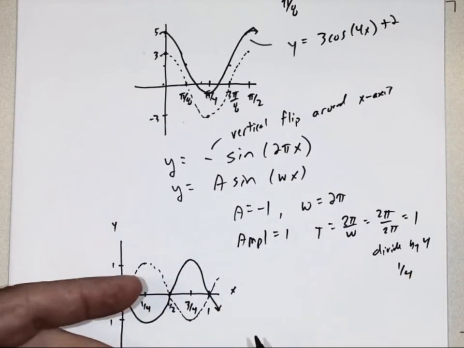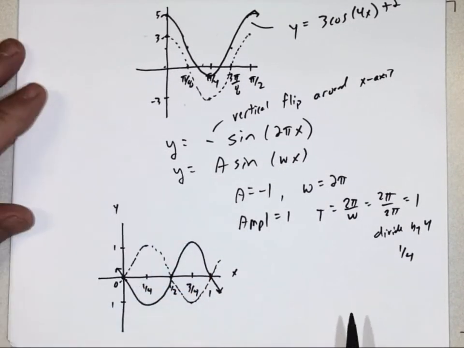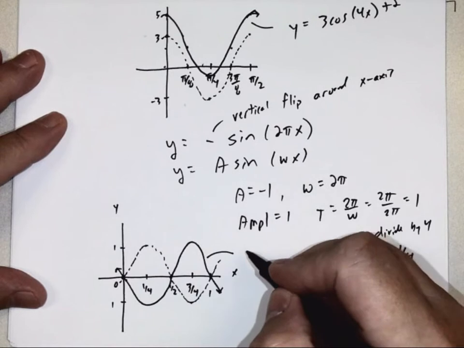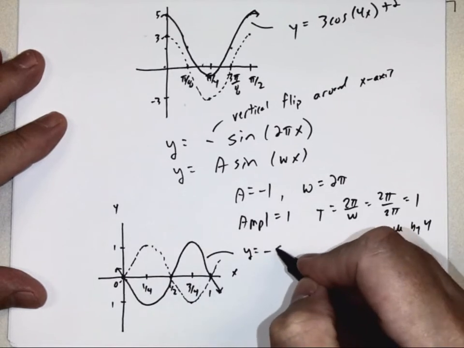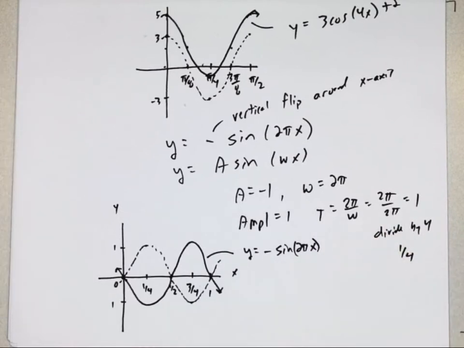If you look at the dotted graph and you just flip it, then this right here is finally the graph of that equation.